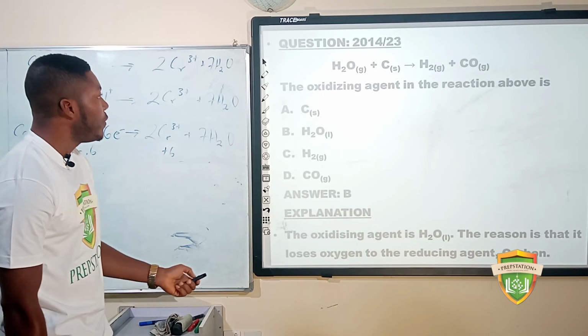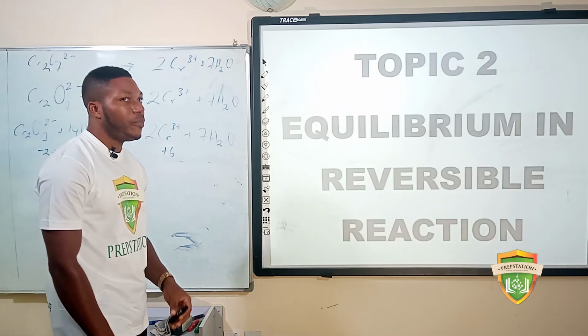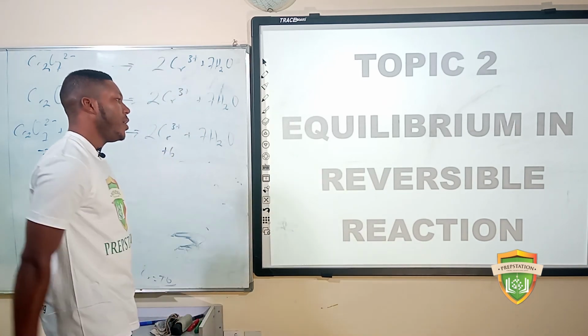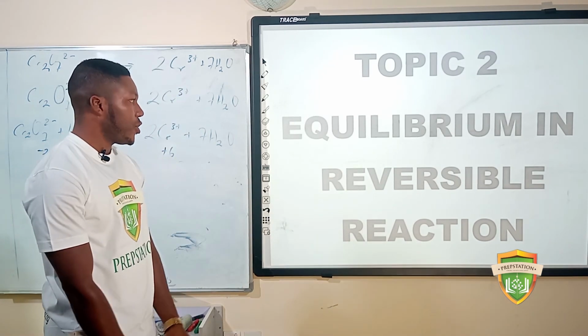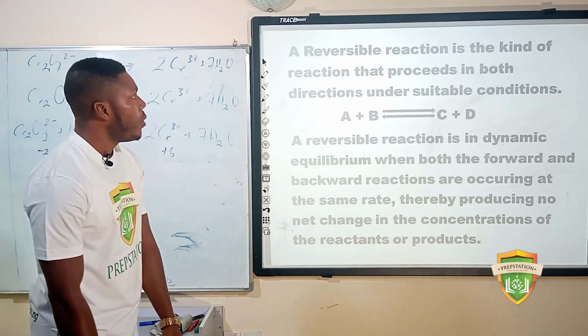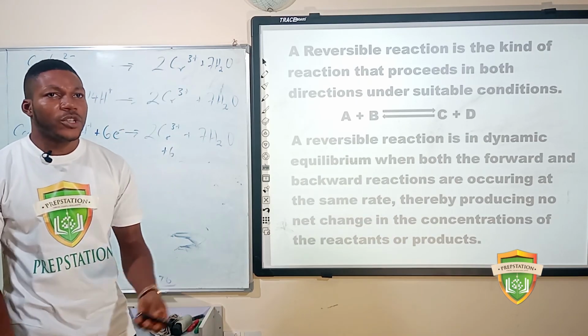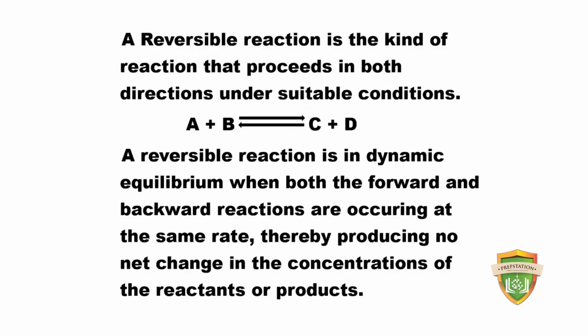All right, so let's move to another topic that students sometimes are confused about, which is equilibrium in a reversible reaction. Now, what is a reversible reaction? This is a kind of reaction that occurs in both directions. It proceeds in both the forward and the backward reaction.